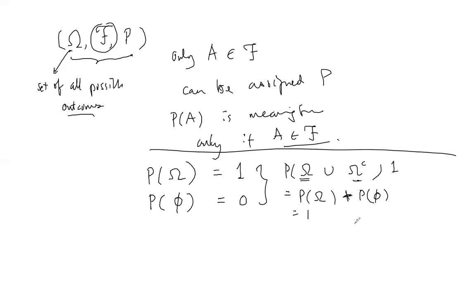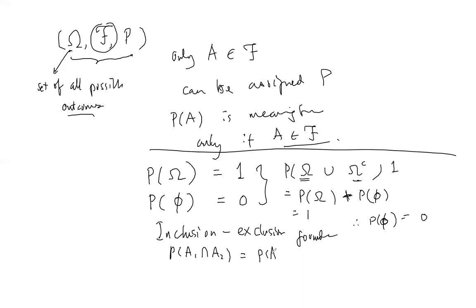Therefore, your P of the empty set is 0. And then of course you have your other results, your inclusion-exclusion formula. So A1, A2, sorry, this is the union.